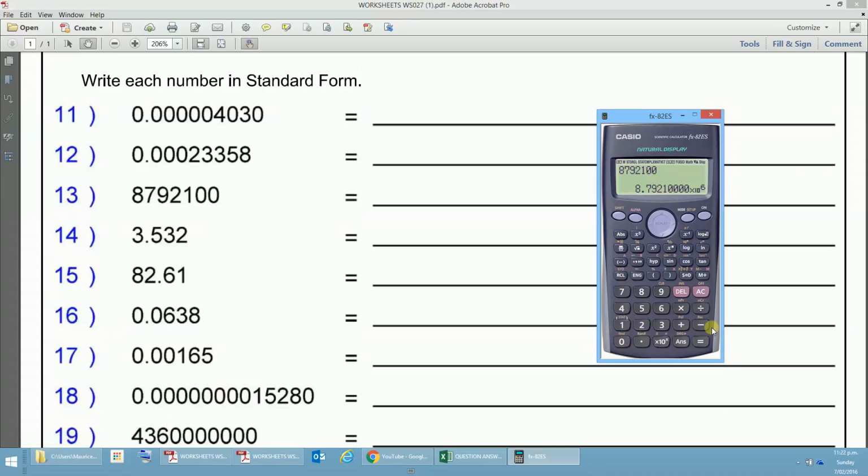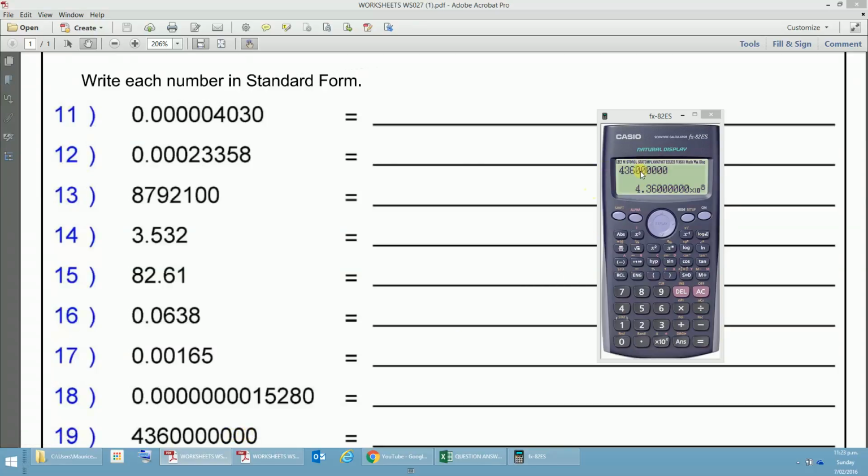Number 19 looks like a bit of a tricky one, so let's see if we can do that. 4, 3, 6, and then 7 zeros. That gives 4.36 times 10 to the 8. Let's just have a look at that. 436, 1, 2, 3, 4, 5, 6.